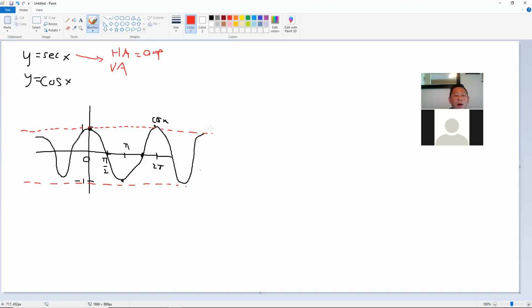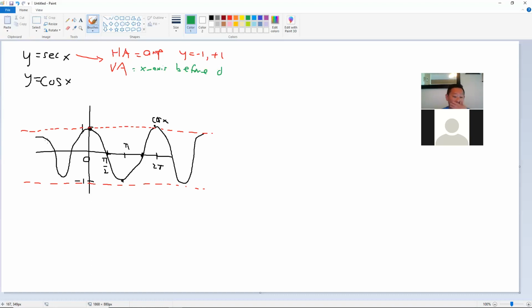So you will have y equals -1 and +1. That is your horizontal asymptote. And your vertical asymptote is where this graph crosses the x-axis before you move up and down, which is D. Remember, sometimes you move your graph up and down by D.